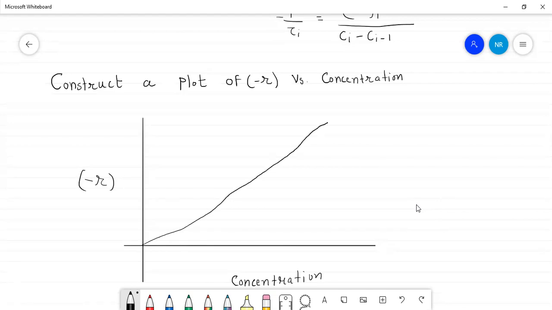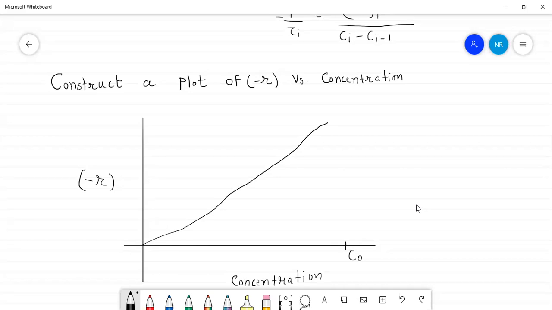Now, we know the initial value of the concentration, so we have to mark the point here, C0. After doing the experiment, we have general data regarding rate of reaction versus concentration. Here we can predict the concentration, nearly.